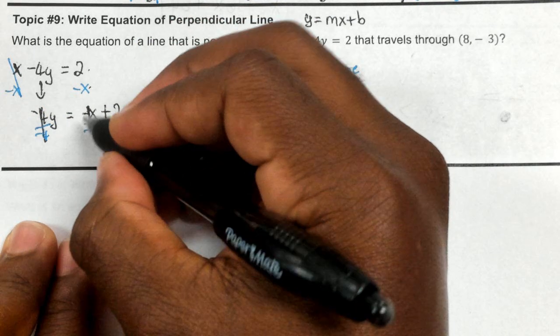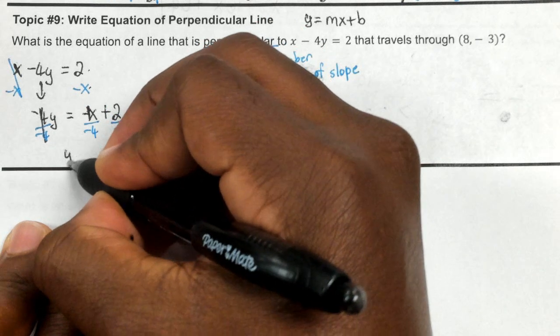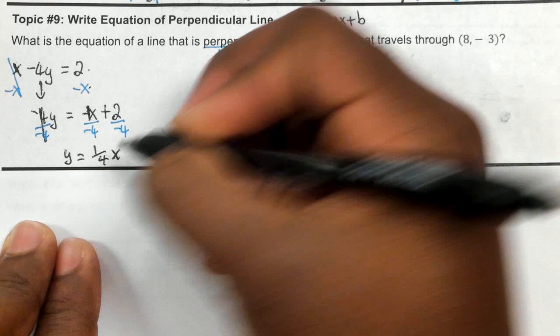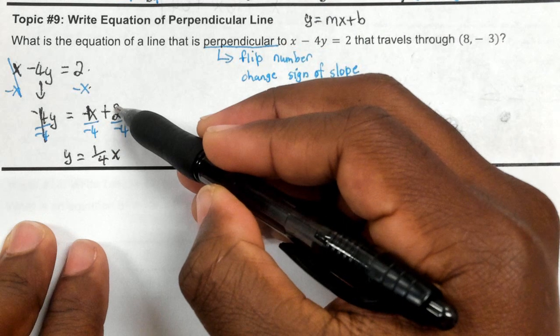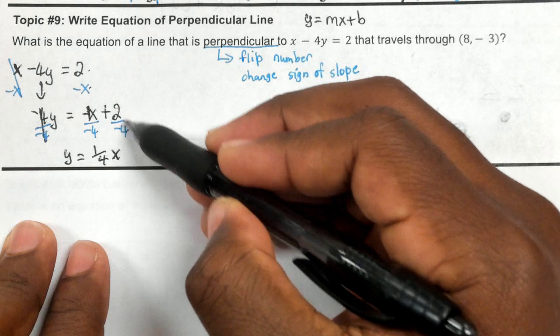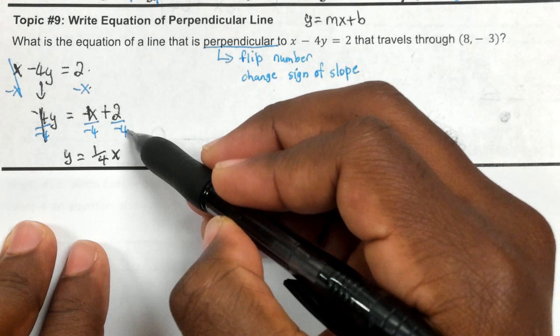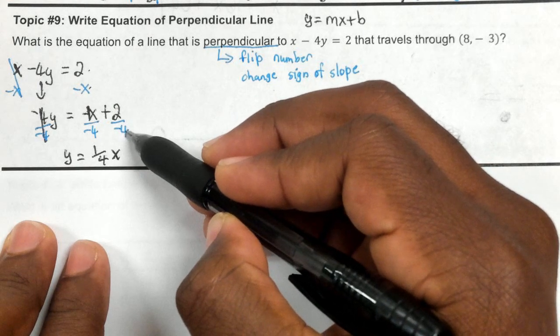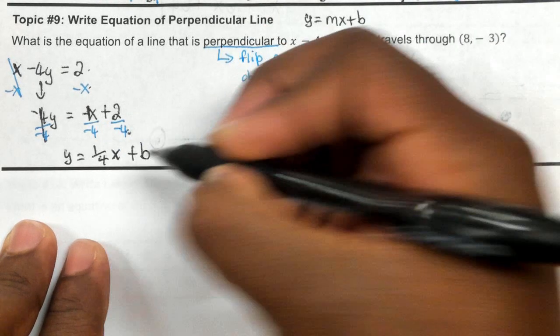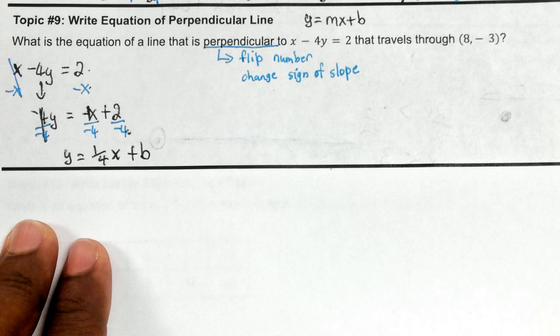No. But when you divide a negative by a negative, it's going to turn into a positive 1 over 4x. Can I divide this by this? No. And in reality, guys, we don't really care if we can divide by it, because we don't care what this number is. I'm going to replace it with the letter b. You always replace it with that letter b.